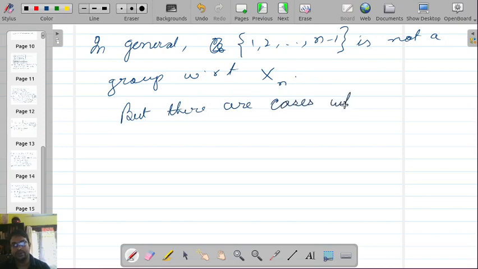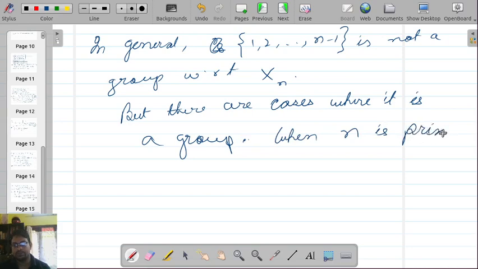In particular, we'll see that when n is a prime number, it becomes a group.